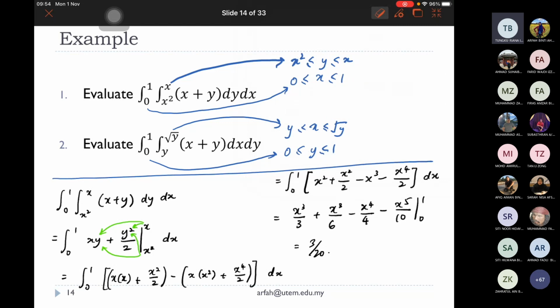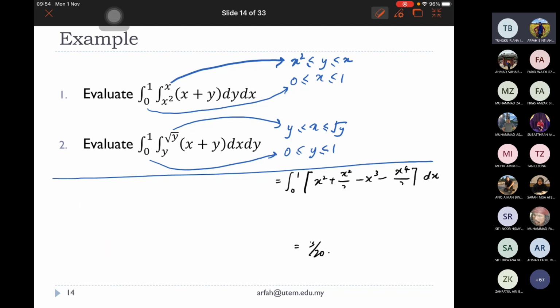Apa jawapan? Yang done. Tiga per 20. Betul. Okay. So kalau awak try yang the second one pun still dapat jawapan 3/20. Dia sebenarnya lebih kurang dengan region yang first.